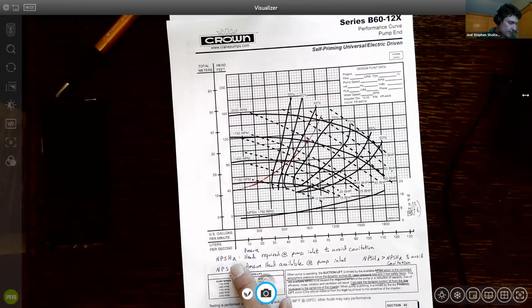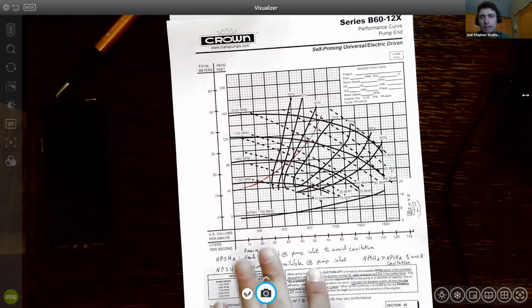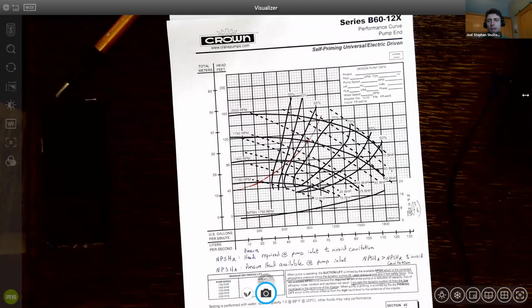So that's R. Sometimes you'll see NPSH-A, and this is the pressure head available at the pump inlet. And that's basically what we calculated for P2. That's the head that is coming into the pump. So available is the head coming into the pump.